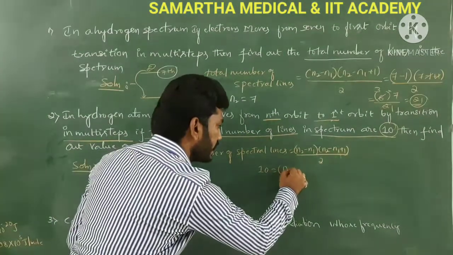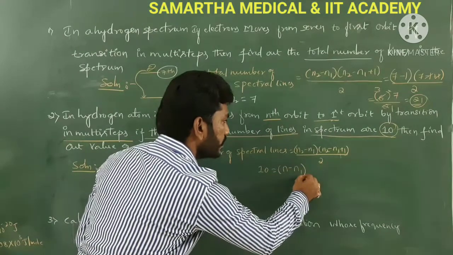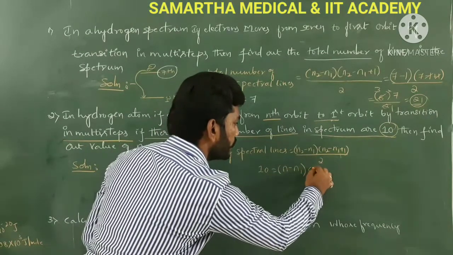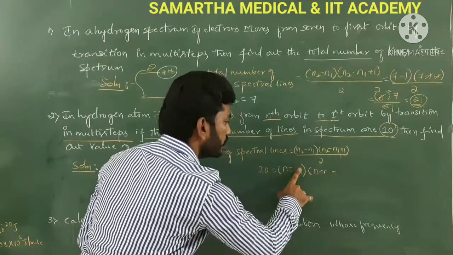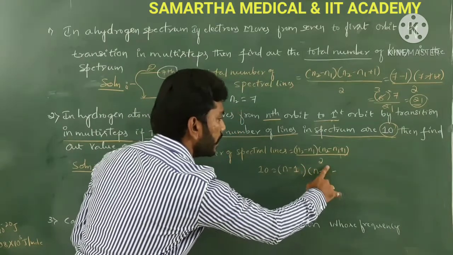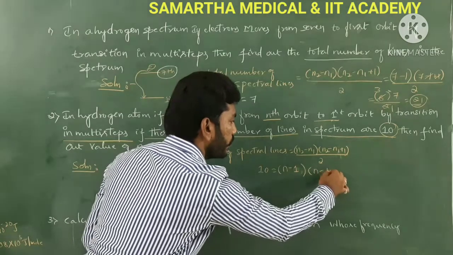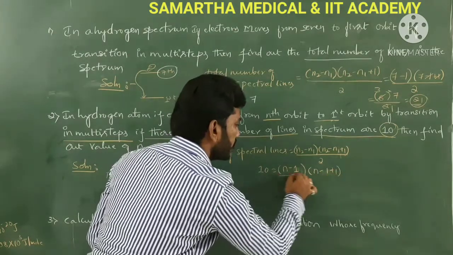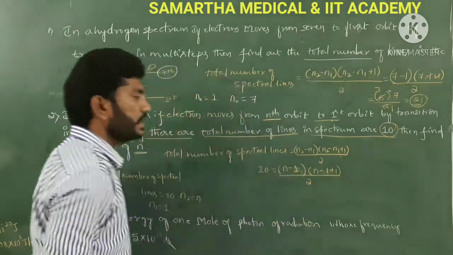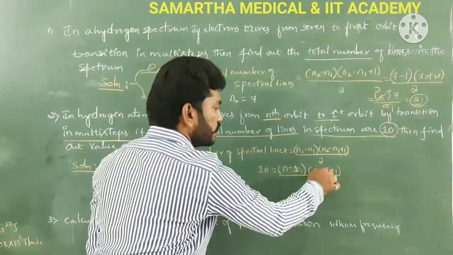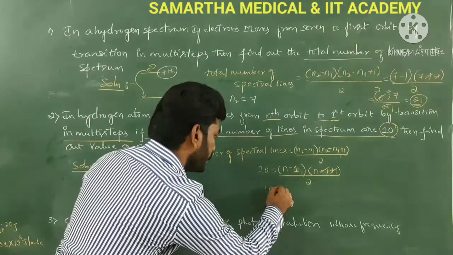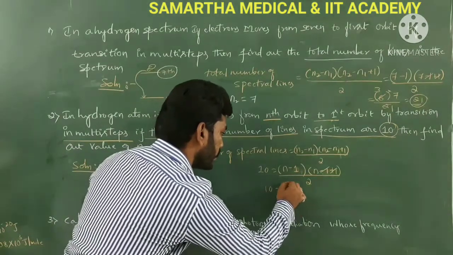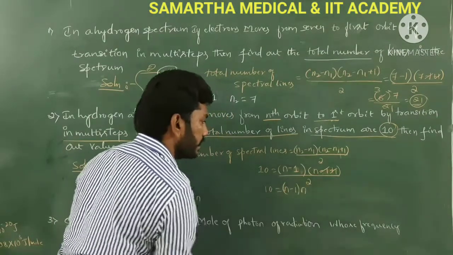I just have to take (n minus n1) into (n2 minus n1 plus 1), with the n1 value 1, divided by 2. Guys, you see that the minus 1 plus 1 get cancelled. So 10 equals (n minus 1) into n divided by 2.